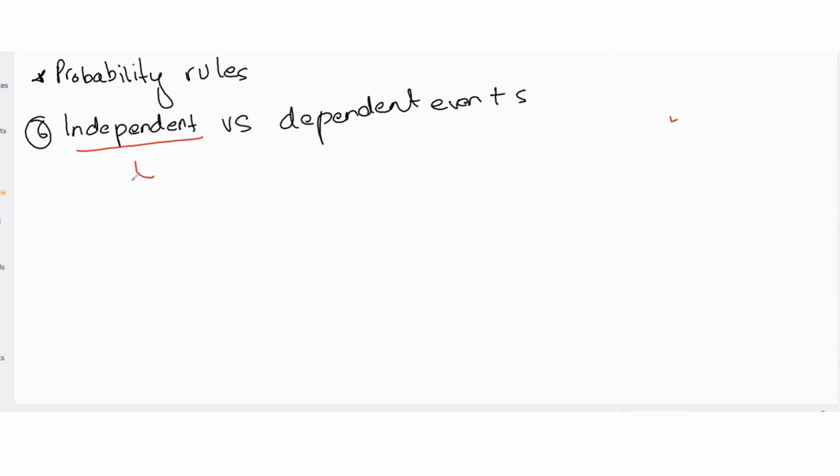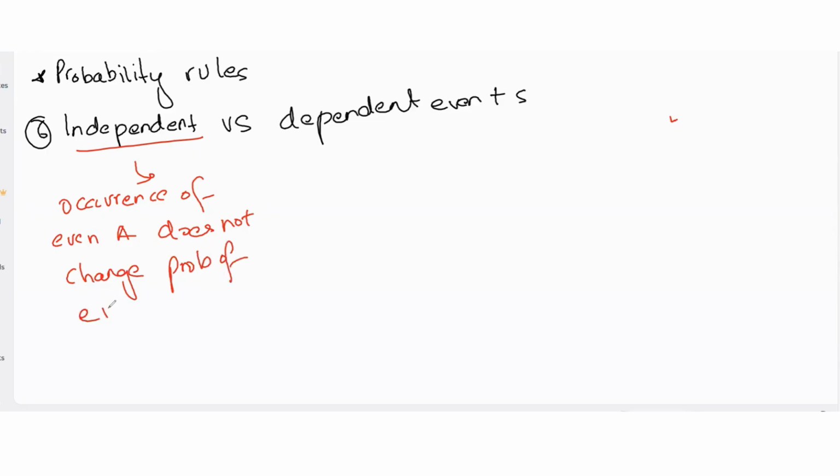Independent: if the occurrence of event A does not change the probability of event B, so the occurrence of one event does not change the probability of another event, then A and B are independent events.